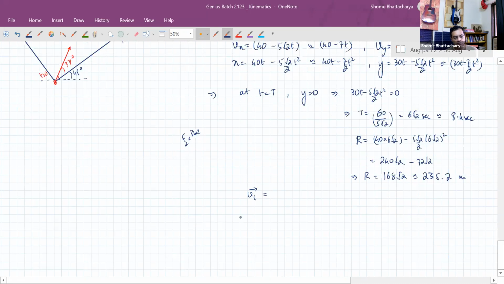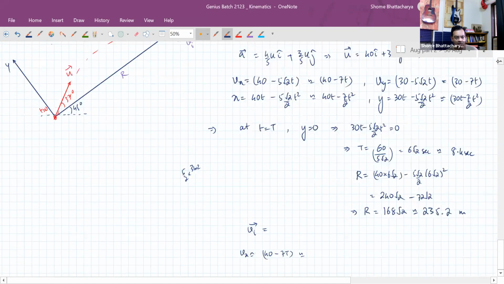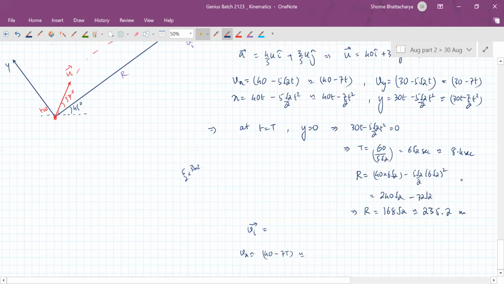Now the impact velocity's x component is approximately, so time of flight was how much now? 8.4.